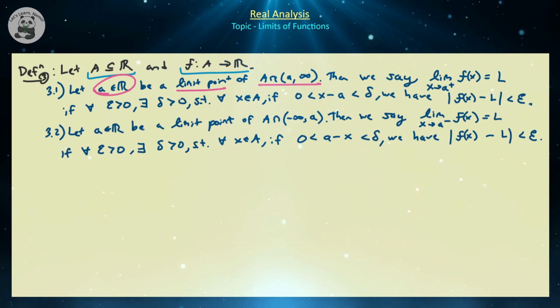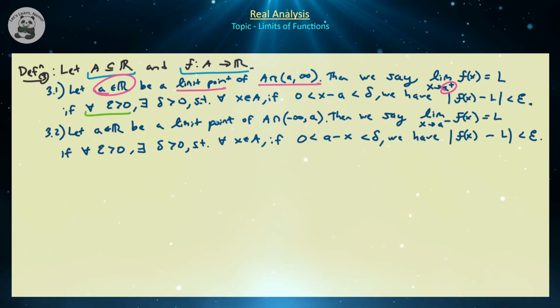Then we say that as x approaches a with an exponent of plus, some people will say the limit as x approaches a from the right-hand side of the function, we say that this one-sided limit is equal to L if, and then we have the definition of limit again.